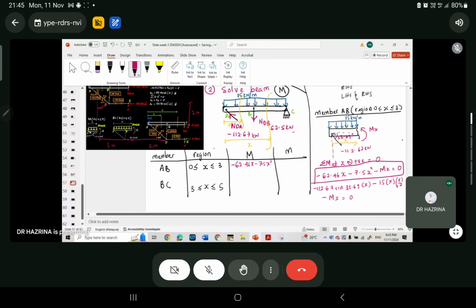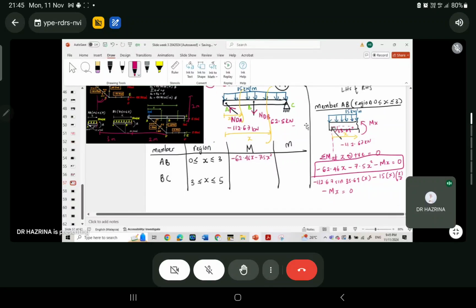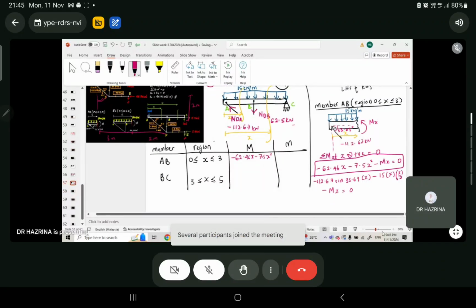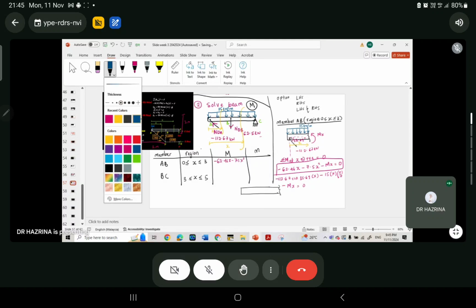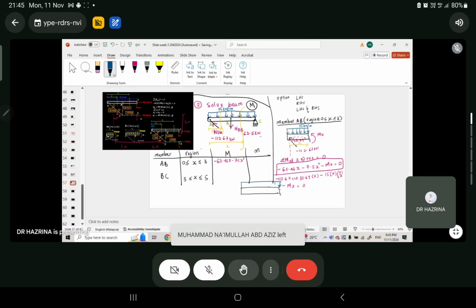Okay. And then untuk region seterusnya, for the next region, sama jugalah. So what you have to do, you need to draw those. Okay, so panjang sikit lah regionnya. So you cut sampai sini. And then you will have this one. So you ada 15 kilonewton per meter.